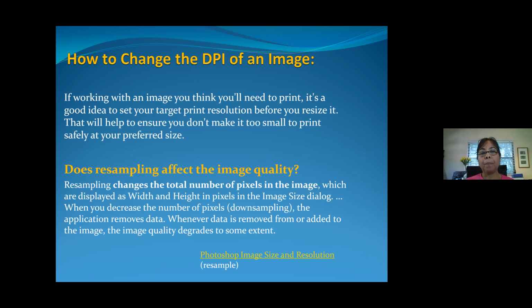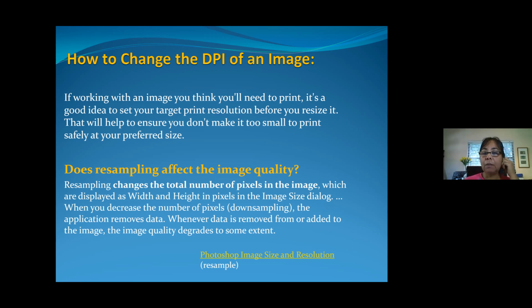Now, remember they were talking about resampling in the video. Resampling is a way to lose some information, some data from your picture. So it depends what you want to do. You can use it or not use it.